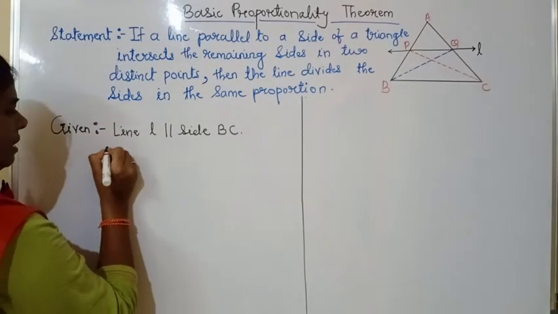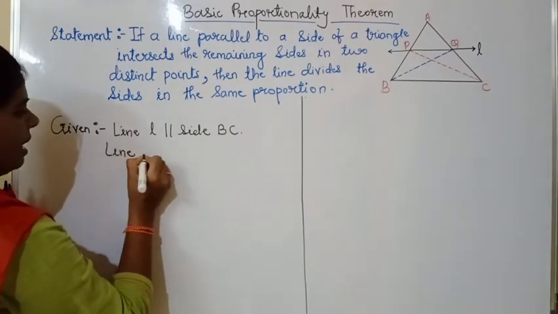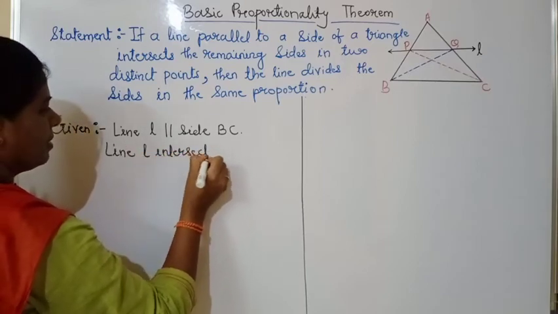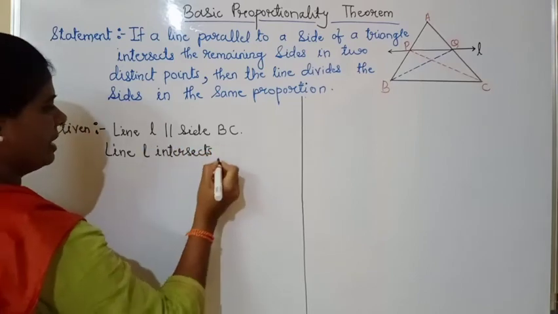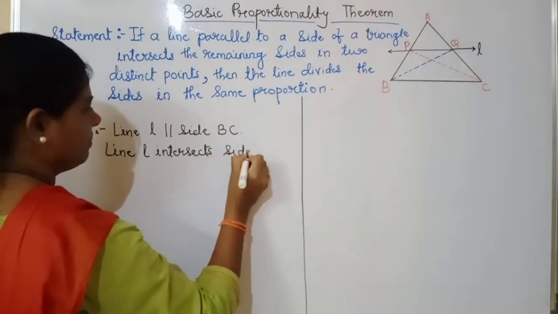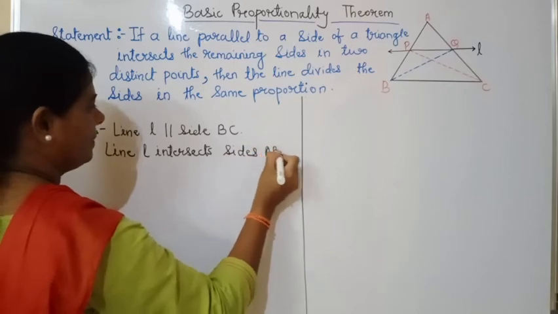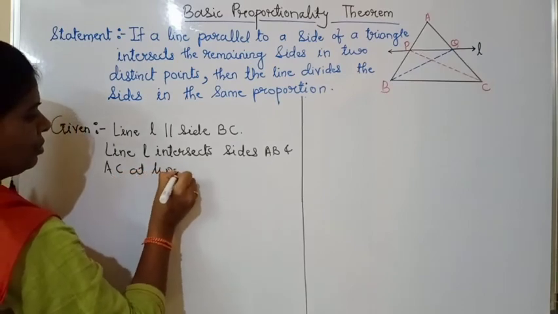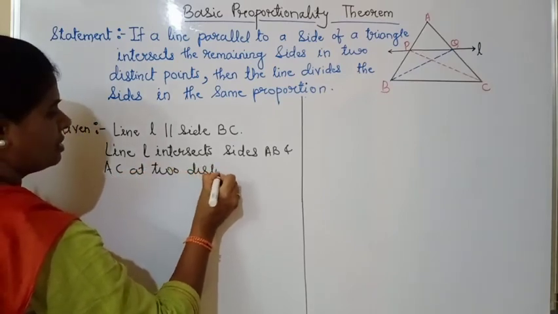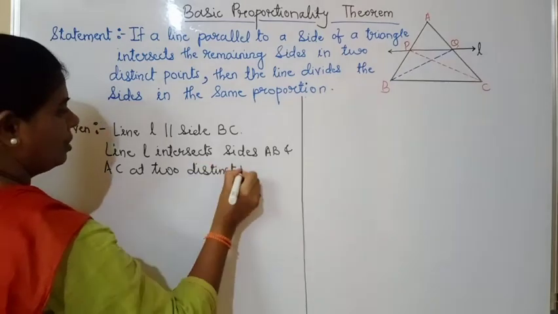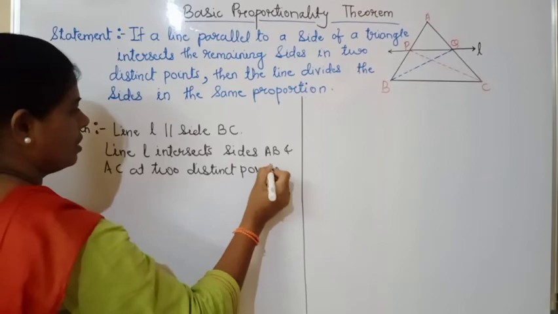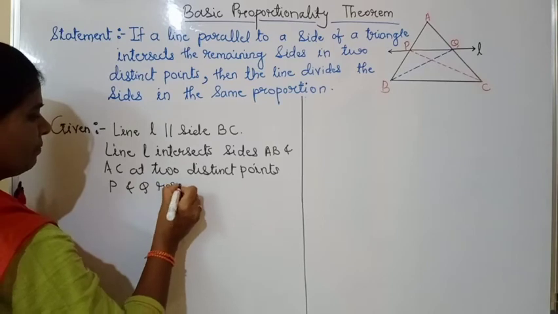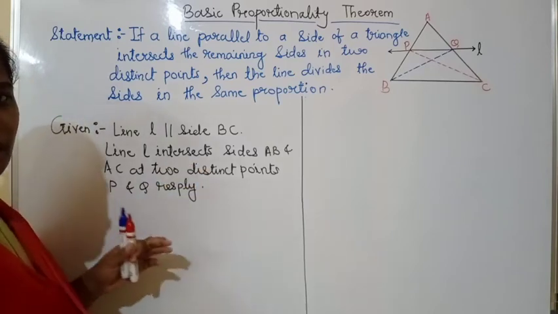Second thing, the line L intersects sides AB and AC at two distinct points, which are P and Q respectively.